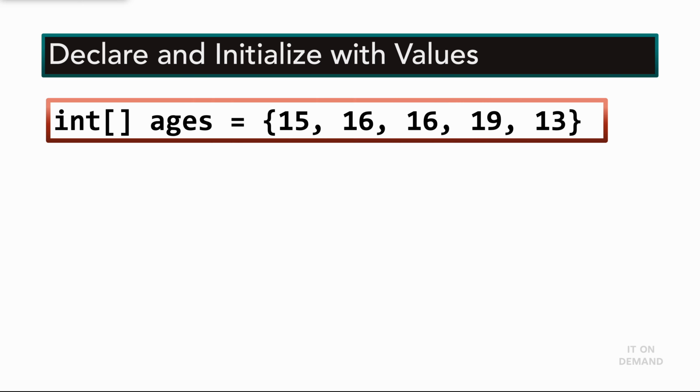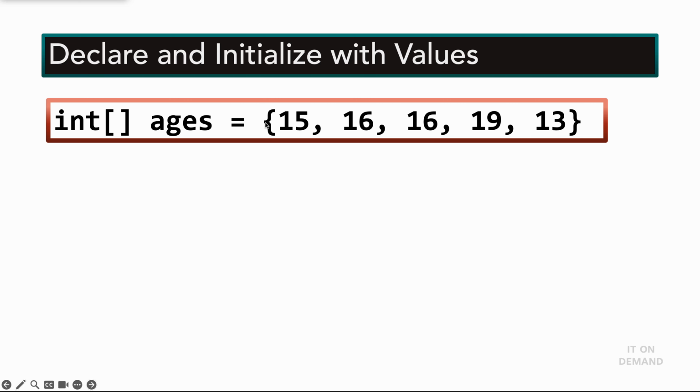So to do this, for this question, we say int square bracket ages equal to 15, 16, 16, 19, 13. And so we just say what the data type is, the square bracket, the name of the variable, and we assign in curly bracket.